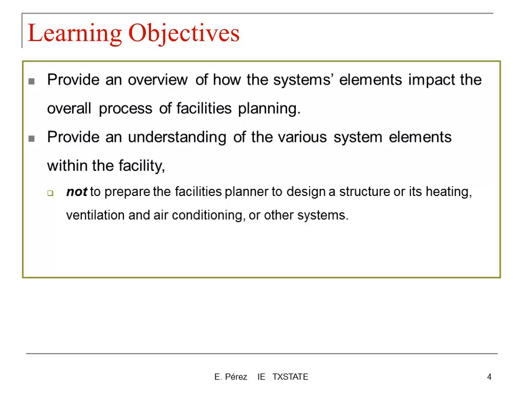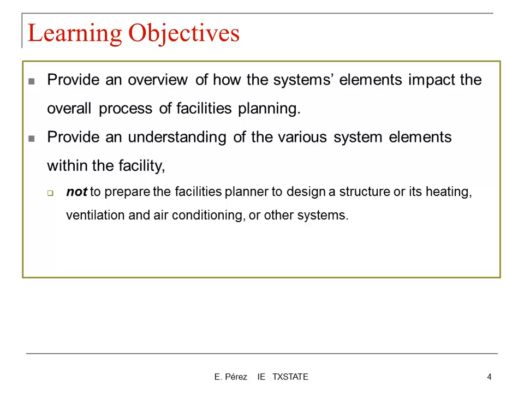The learning objective for this lecture is to provide an overview of how the systems elements impact the overall process of facilities planning, and an understanding of the various systems elements within the facility. Once you start seeing this material, you'll think, oh, this is some of the stuff that a civil engineer or another engineering discipline would take care of.